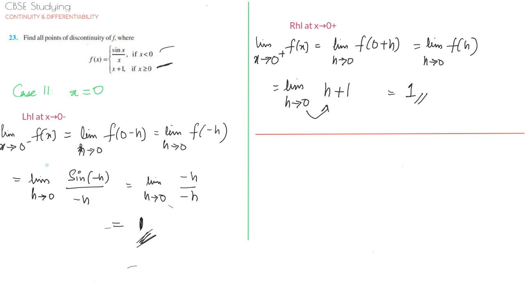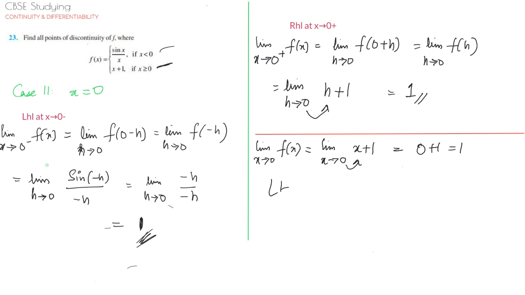So limit x tends to 0 f of x. At x equals 0, again it is x plus 1. So here we don't need to change to h tends to 0. I've explained this before. X plus 1. Wherever there is x, I'm going to replace it with 0. So this becomes equal to 0 plus 1, which is 1.